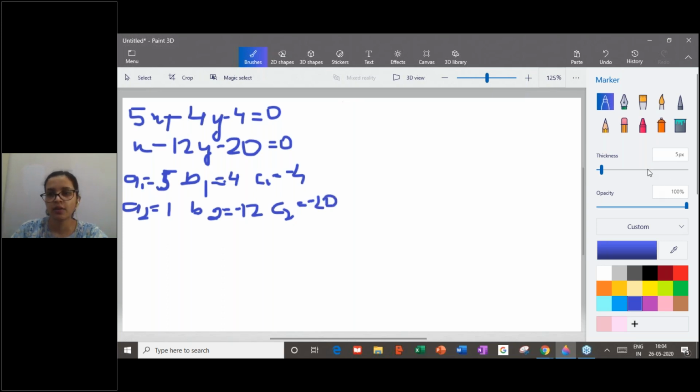Correct? So now what am I going to do? I'm going to make that table kind of thing. Okay, so can I just skip and directly write the values of a1 whatever here? Okay, so it starts with b. So b1 goes here.